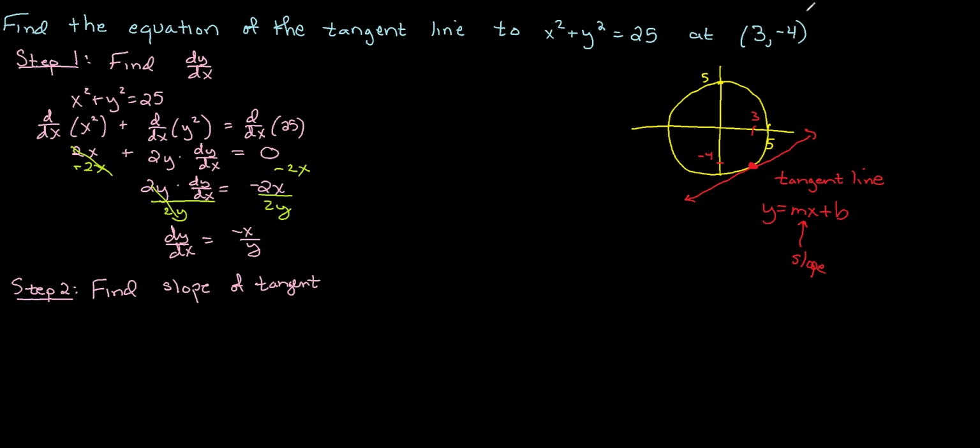I've got (3, -4), so let's plug those in. Our slope equals the derivative at (3, -4). So if I plug in those values, I've got negative x, so that's going to be negative, plug in the 3, all over y, plugging in the negative 4. The slope is going to be 3/4.